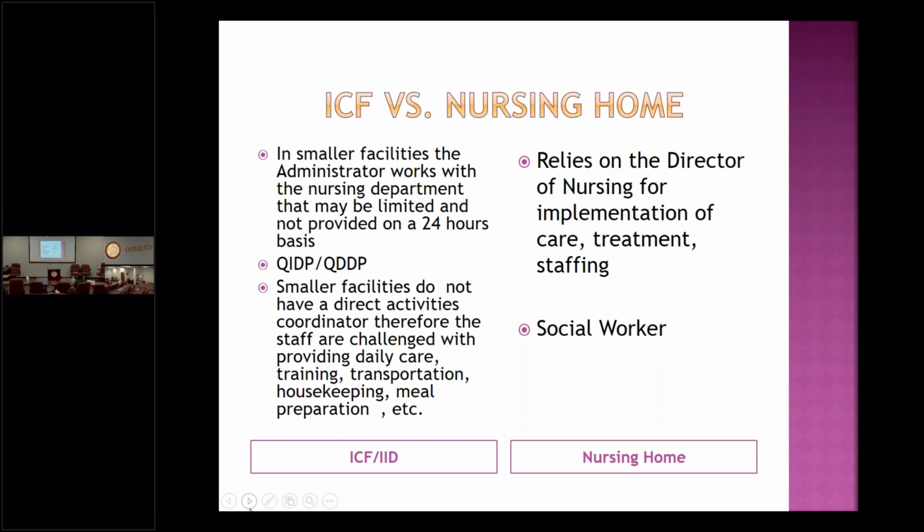If so, then we start to look for nursing homes to send that person to. Now, on the flip side of that, say they had a stroke and they need rehab. They can go into a skilled nursing facility temporarily for their rehab and therapy, and then come back to the ICF if they don't need the 24-hour nursing care.